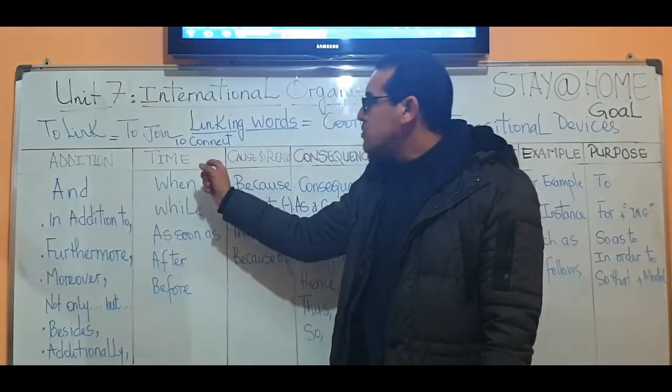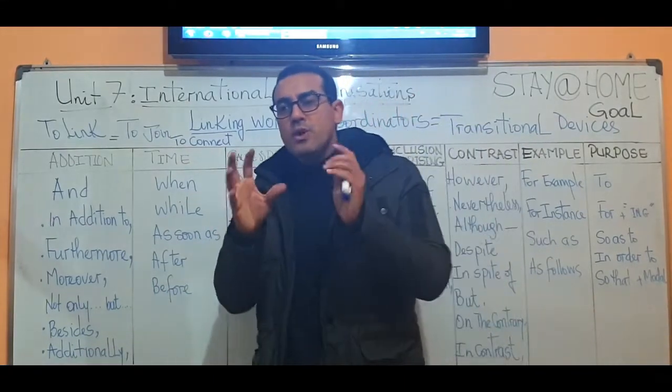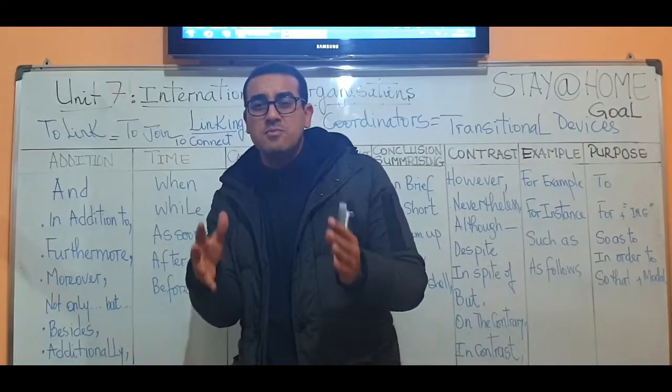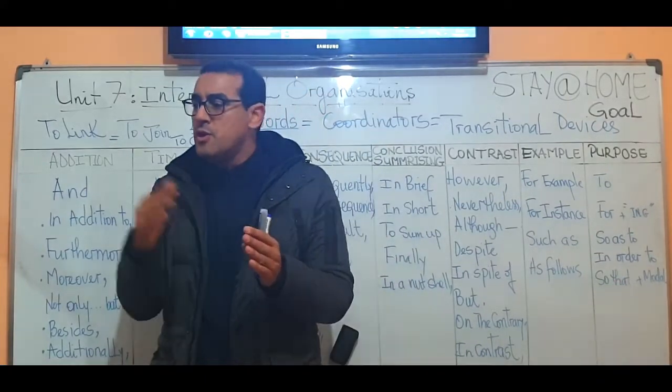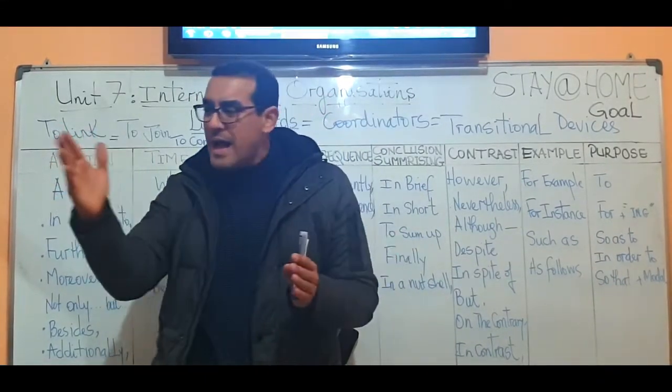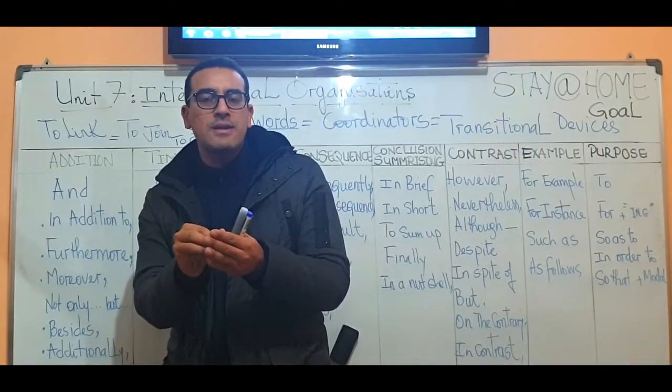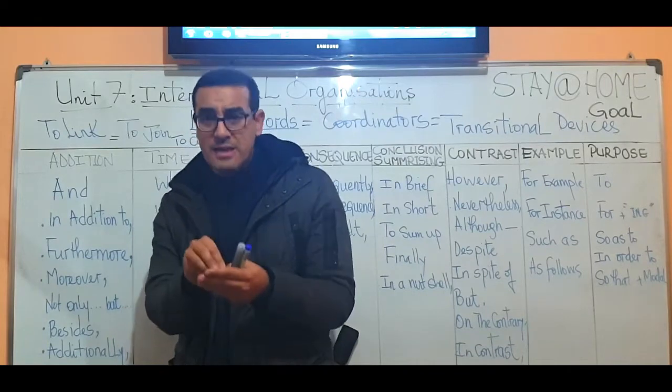Now let's go to time. We would actually like at certain times to talk about time, especially when we are talking about different events and actions that are taking place in our writing, when we are writing, for example, a paragraph or a text.